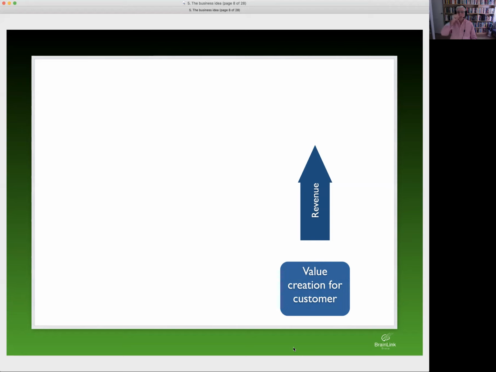And that revenue or that budget that is given you is really seen as a consequence of the value you create for your customers. So the more value you create for your customers in the public sector, the greater your budget really becomes, which is really your revenue.